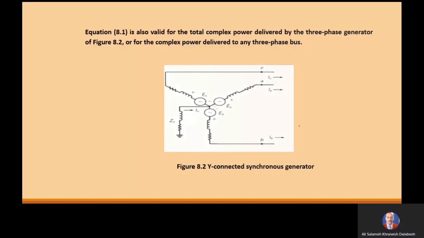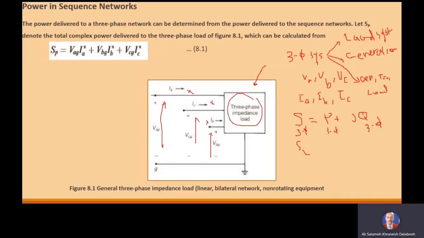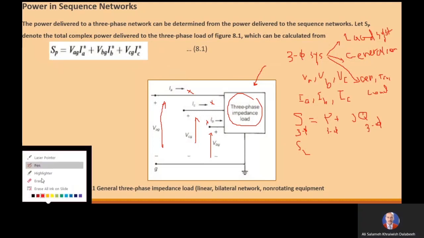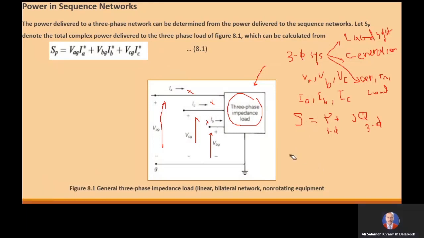Okay, so this is the subject that we need to explain: how we can calculate the power, whether it is generated, consumed, transmitted, or flowing from the generation to the load. Okay. Let us erase this.